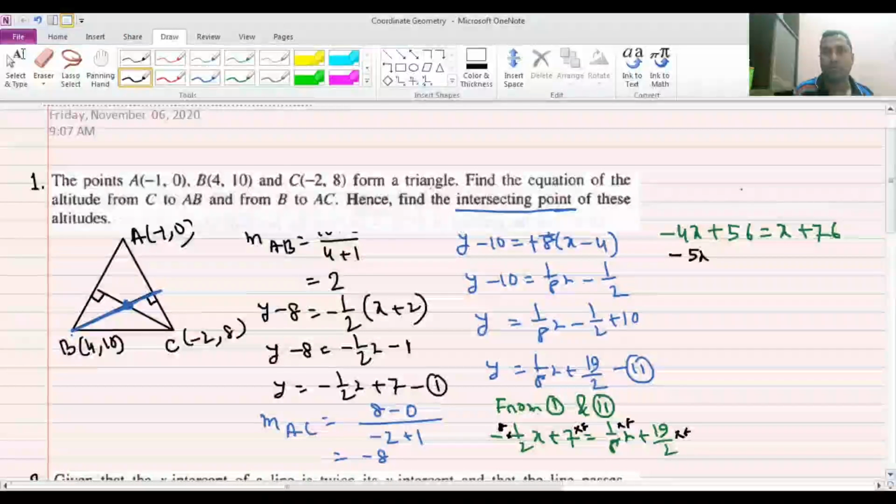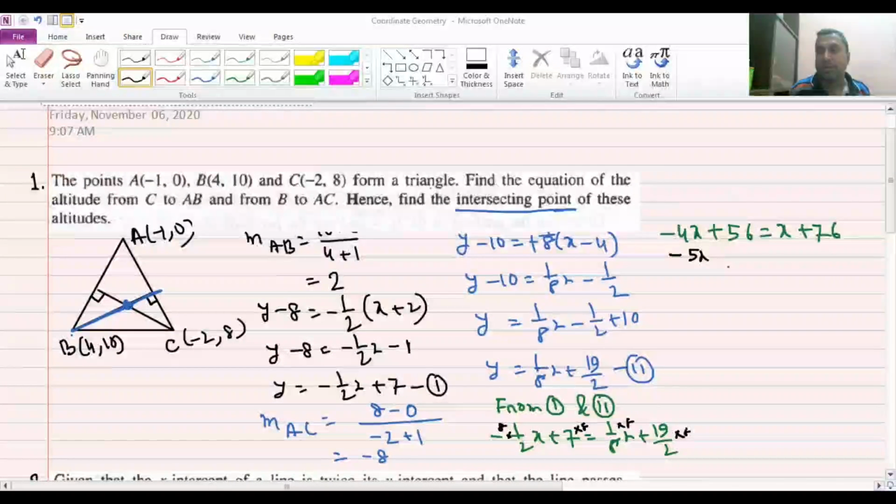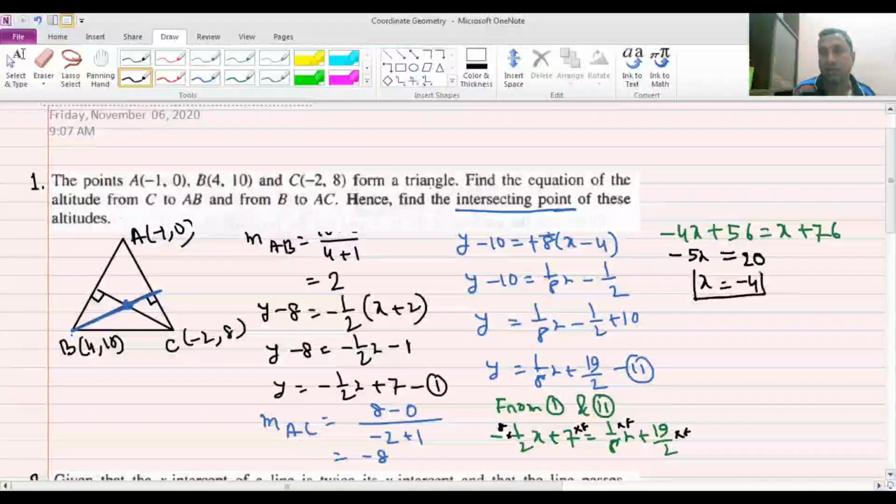equals 20. So if you divide, x equals -4. This is the x coordinate.